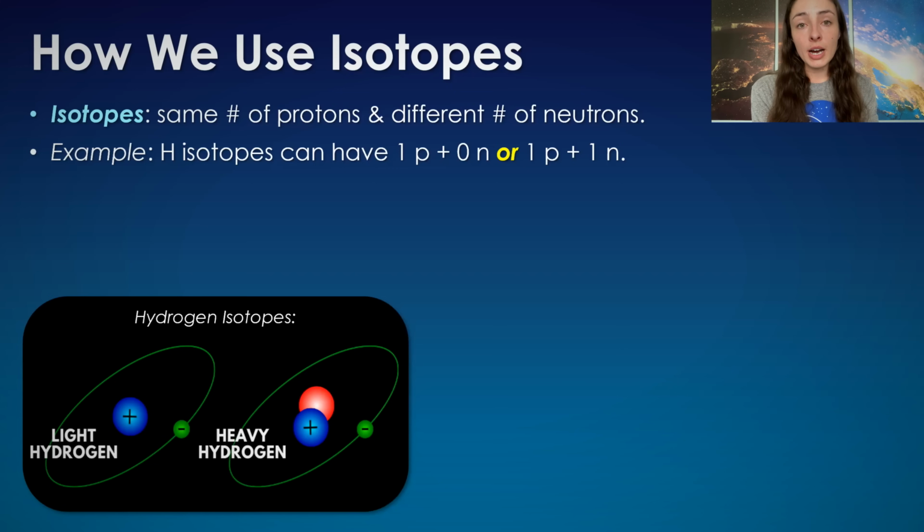So if we look at hydrogen, for example, hydrogen typically has one proton and one electron. But there's an isotope of hydrogen called deuterium that has a proton, a neutron, and an electron. So this extra neutron within its nucleus leads to basically twice the mass that the quote-unquote normal hydrogen has.